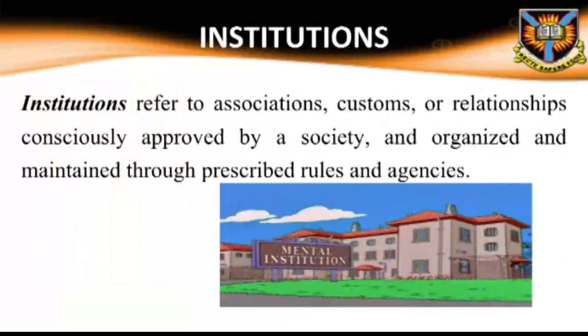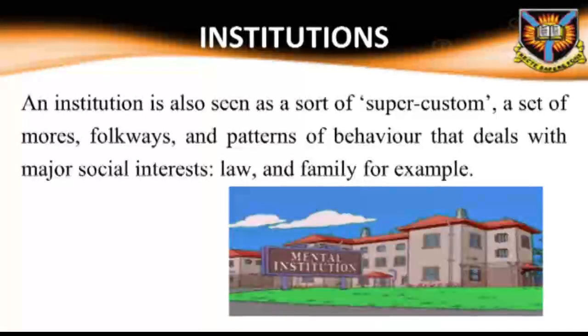3. Institutions. This refers to associations, customs, or relationships consciously approved by society and organized and maintained through prescribed rules and agencies. An institution is also seen as a sort of super custom, a sort of mores, folkways, and patterns of behavior that deals with major social interests, such as law and family, for example.